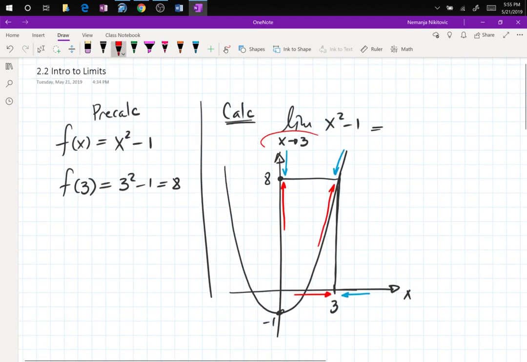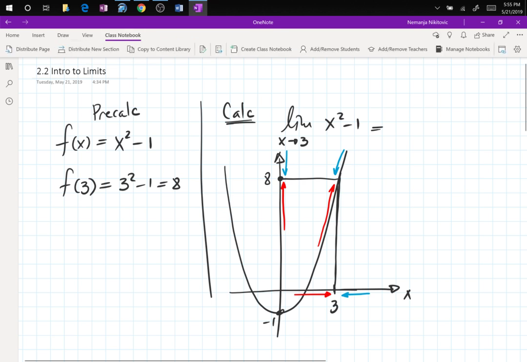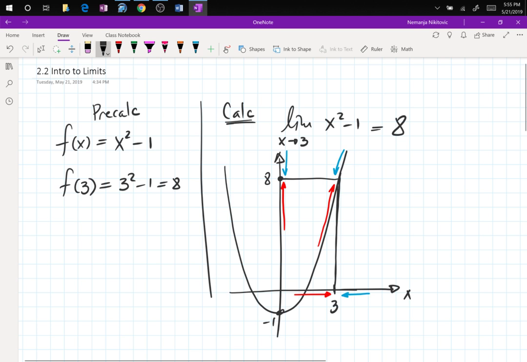X approaches 3, no plus, no minus. That means from both sides at the same time. And the answer is 8, because the left limit was equal to the right limit. This is the theorem that actually tells you what the answer is.